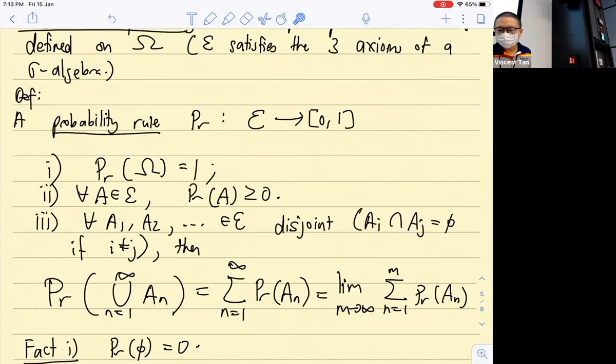Then this argument by Yenger does not go through. Yenger here is using the fact that probability of A is less than or equal to 1. No one said that probability of A should be finite. If I remove this, you cannot subtract an infinite number from an infinite number.